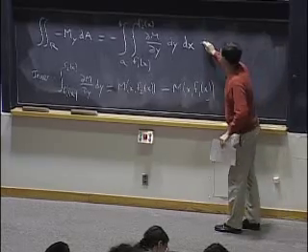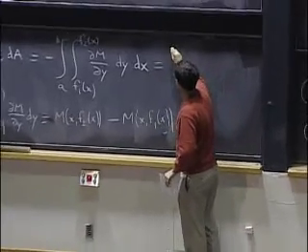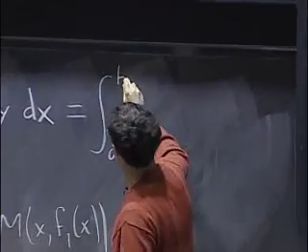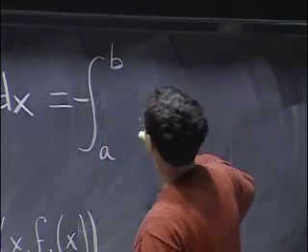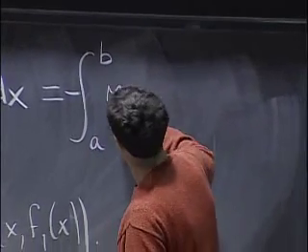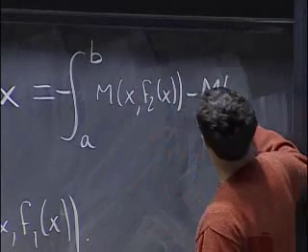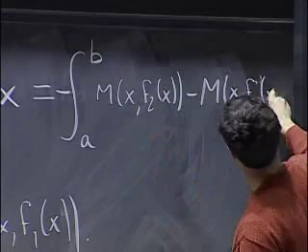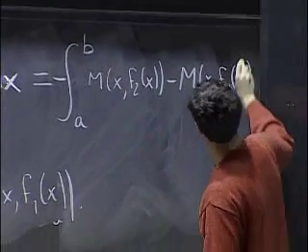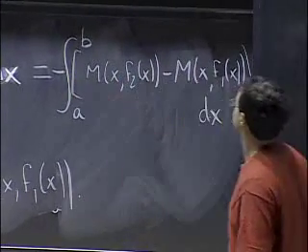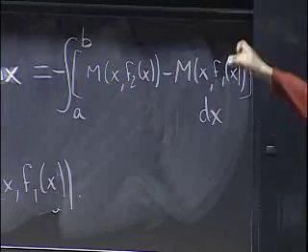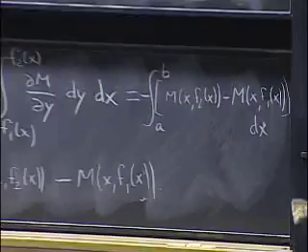And so this becomes the integral from a to b, I guess there was a minus sign, of M of (x, f2 of x) minus M of (x, f1 of x) dx. And so that's the same as up there. Okay.